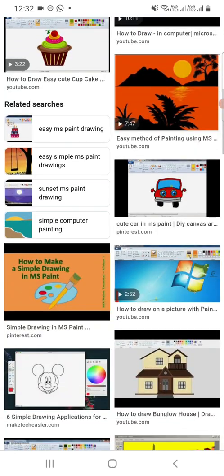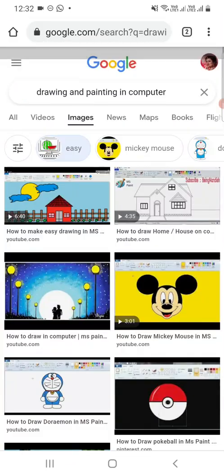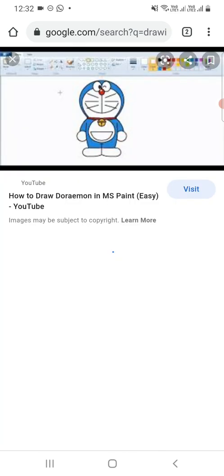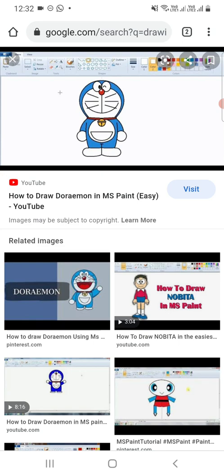We can easily draw that image in our computer. So these are the pictures that we can easily draw or paint in our computer by using a Paint app. So painting and drawing, we can easily do that in our computer.